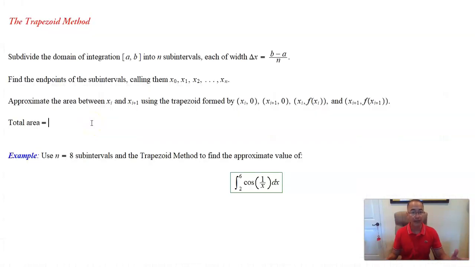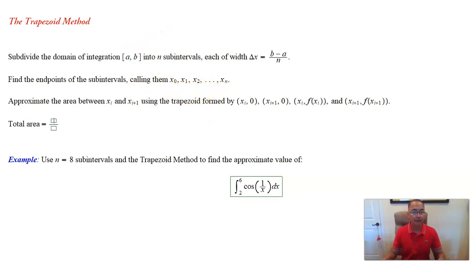Okay, so we have 8 trapezoids. In general, we're going to have n trapezoids. The area of the first trapezoid is 1/2 the average of the two bases rather. So we said we have y0 corresponding to x0 and y1 corresponding to x1.